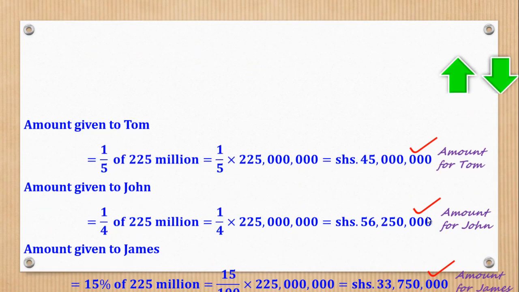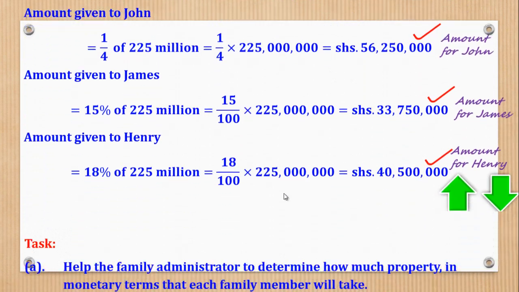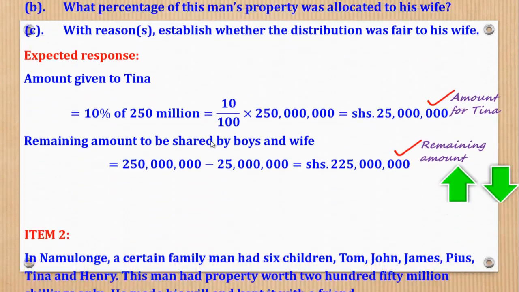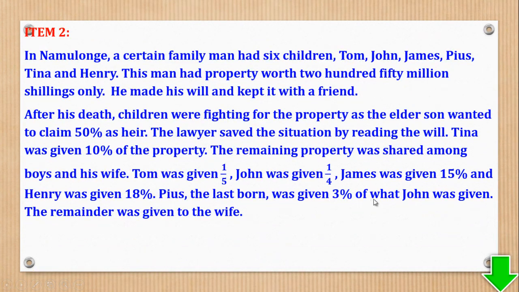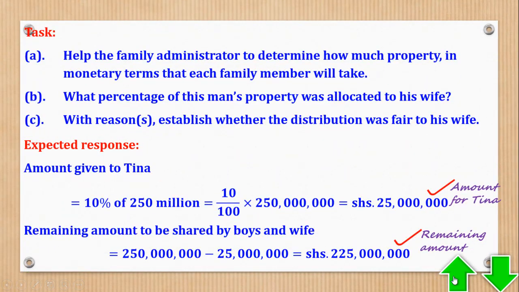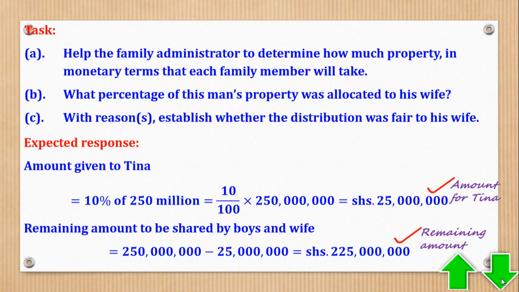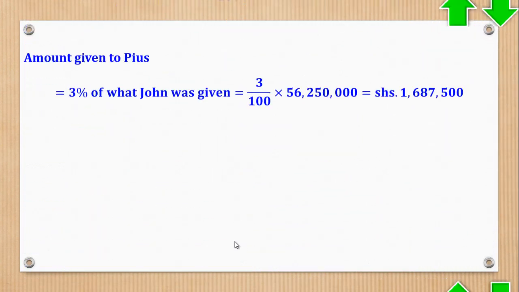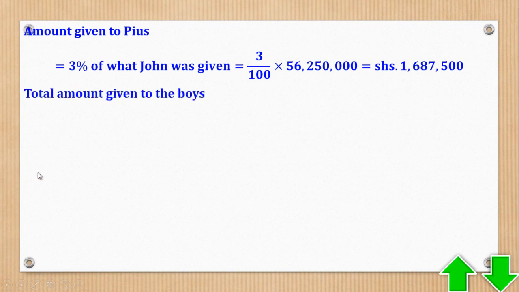Then from there, after Pius, next is the remainder which was given to the wife. So what was left after all the children got theirs is what was given to the wife. So we shall ask, what was the total got by the boys?